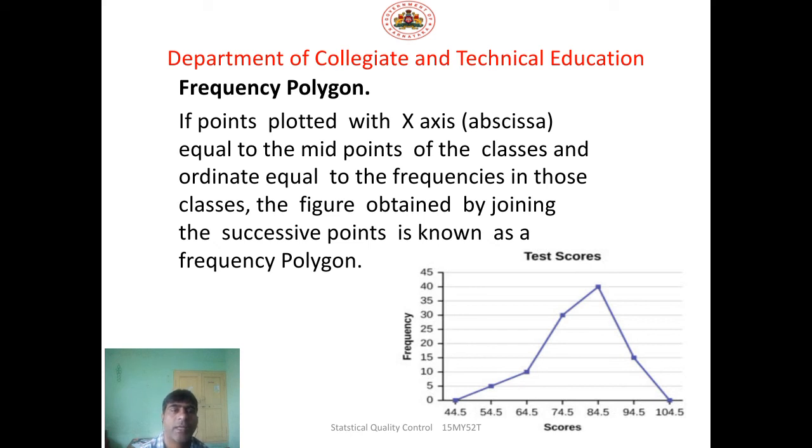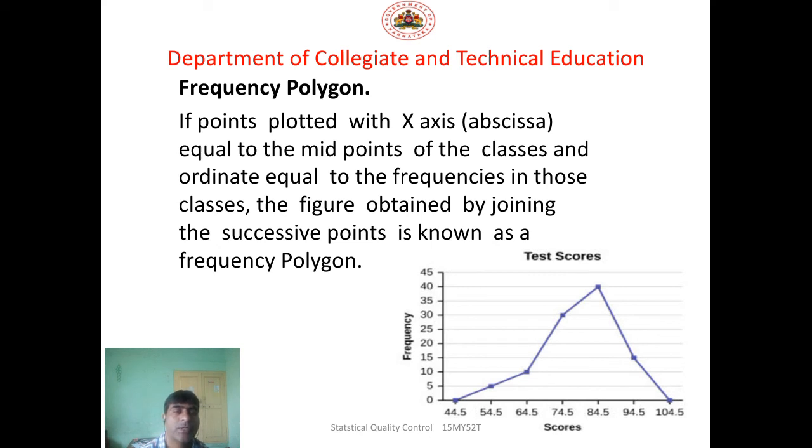So in the graph you can see, first class midpoint is 44.5 and the frequency of that is 0, okay. So that is 1 point. For second point, 54.5 is the midpoint of the class and the frequency of that class is 5. Next 64.5 and the frequency is 10.